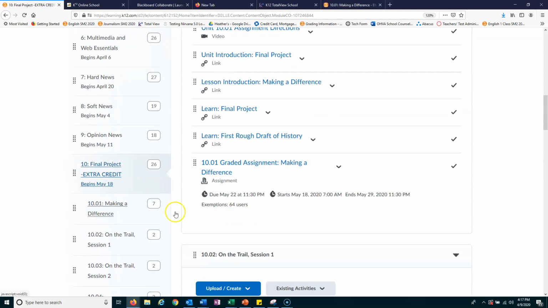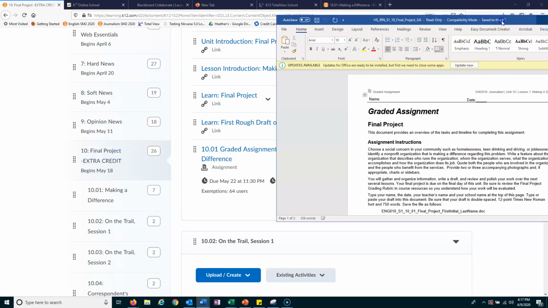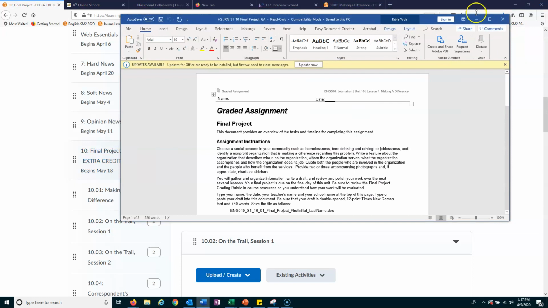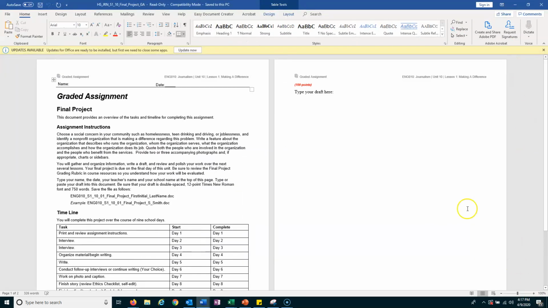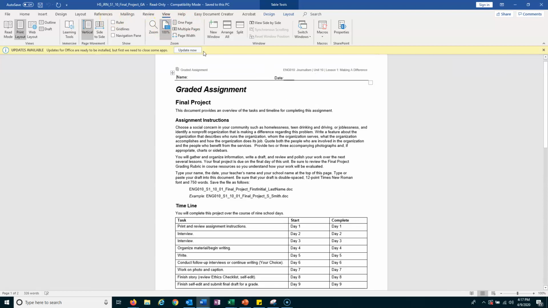All right. You have a couple of lesson pages here that you want to make sure to read, but then the assignment is here, which I already have pulled up, so I'm going to pop that over for you. I'm going to make it a little larger so you're able to see it.